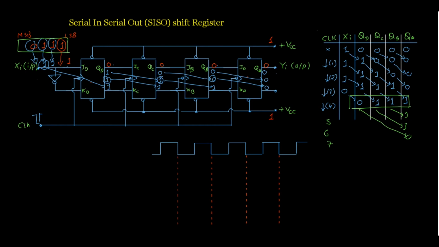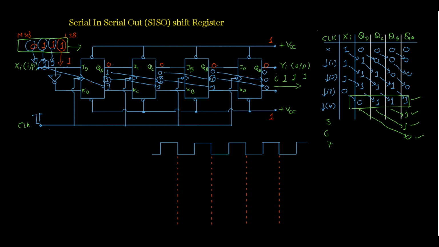So if we look at the serial out, first this one will be present, then the second one will be in the output, then the third one, and then the 0 will be in the output. In this way, this data is moving serially in the SISO register, and it also comes out serially in the output of the SISO register.